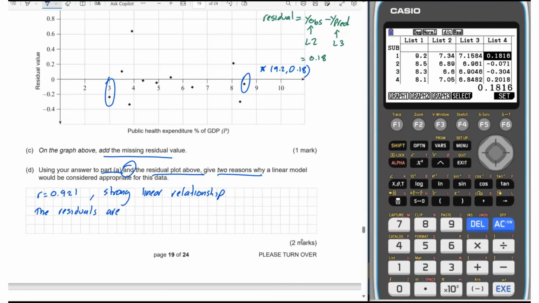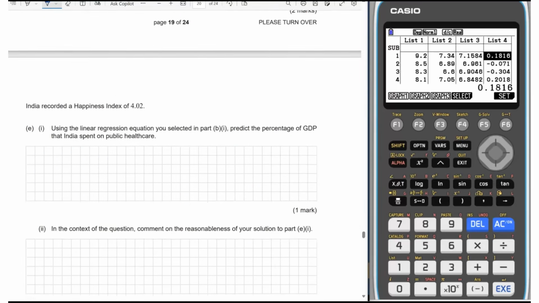So the residuals are randomly scattered about the horizontal axes. And that should be enough for 2 marks.